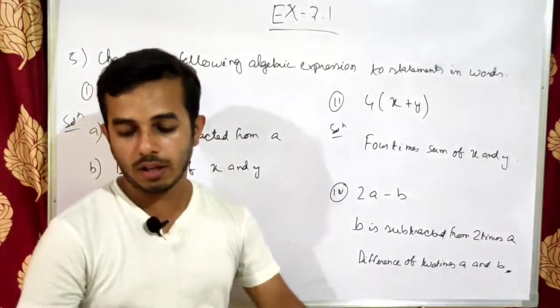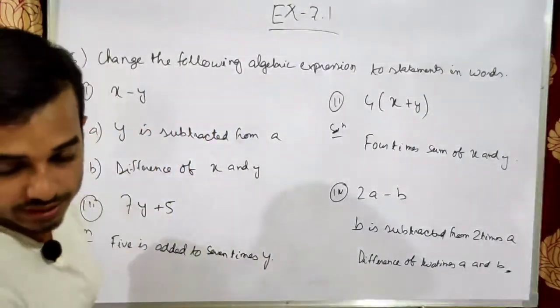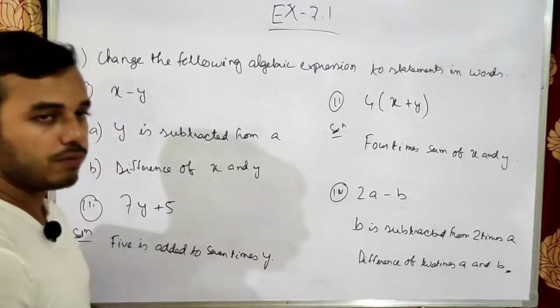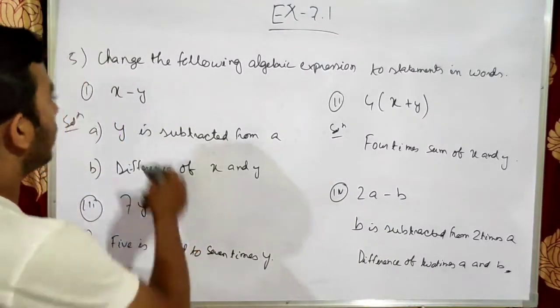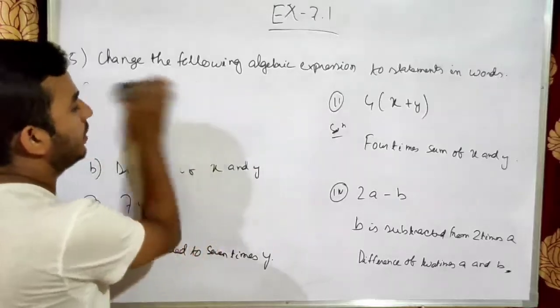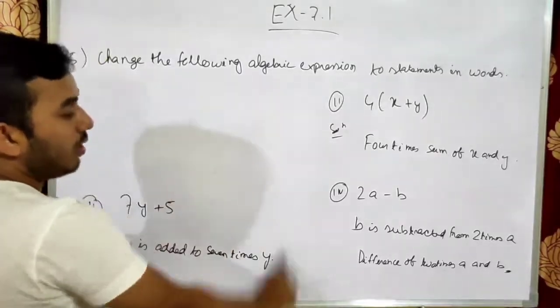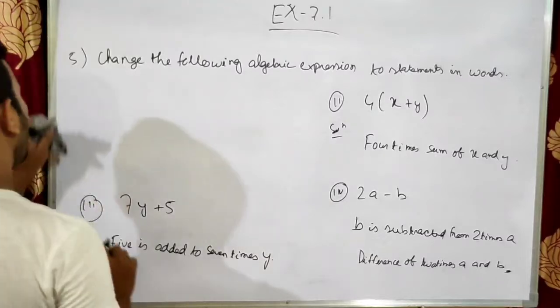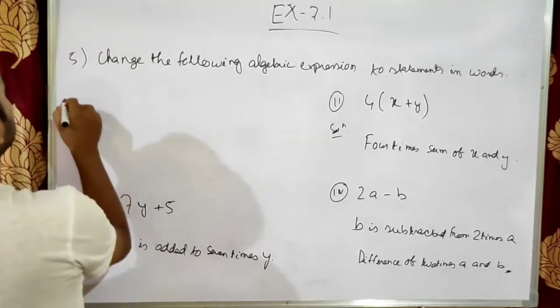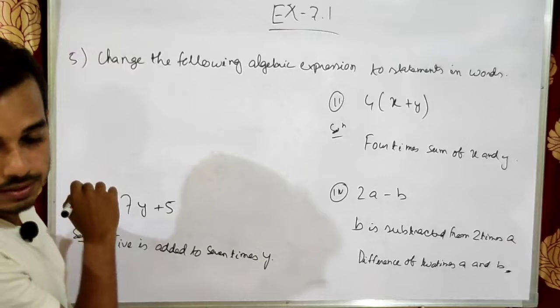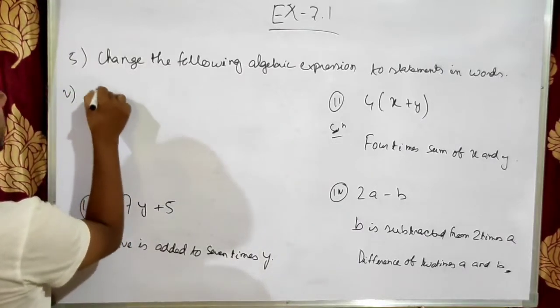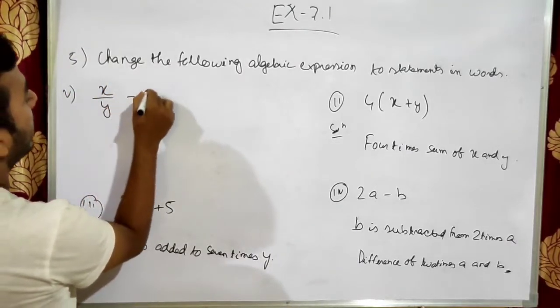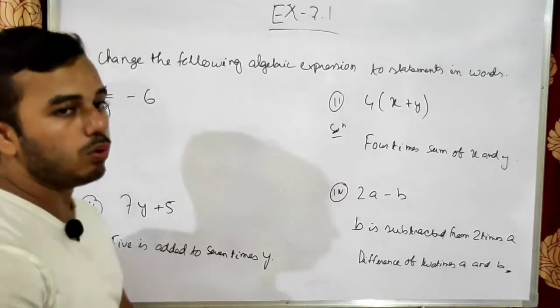Okay, so the next one. I hope these are the different types of expressions, so let us discuss each and every one. The next is x by y minus 6, number 5. What can we say?